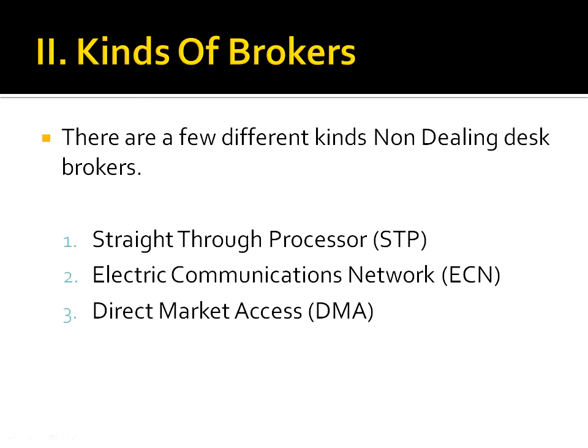There are a few different kinds of non-dealing desk brokers. Now, the first kind is the straight-through processor, or the STP. The second is the Electronic Communications Network. And the third is the Direct Market Access, or the DMA.